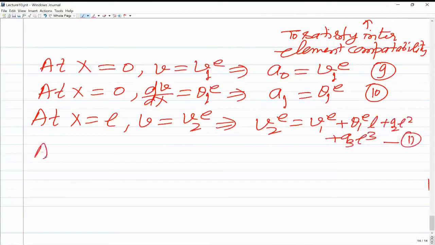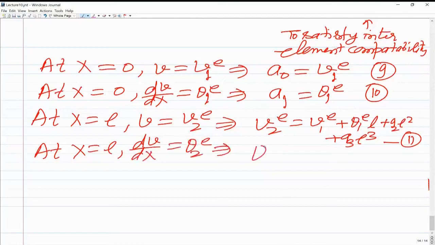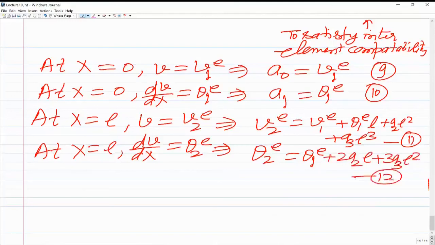And then also we have at x is equal to l, dv by dx is equal to theta 2e. You have to differentiate and then put x is equal to l. Of course a1 is already theta 1e, so you put that, and this will be theta 2e equal to theta 1e plus 2a2 into l plus 3a3l square, and this is equation number 12.